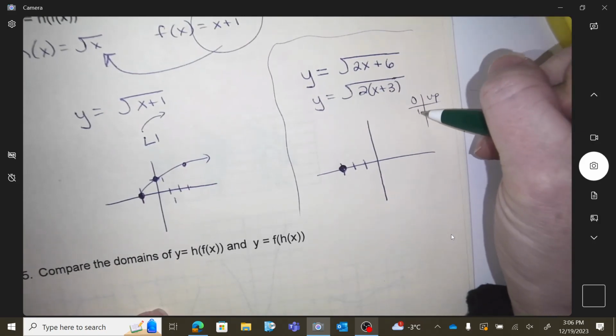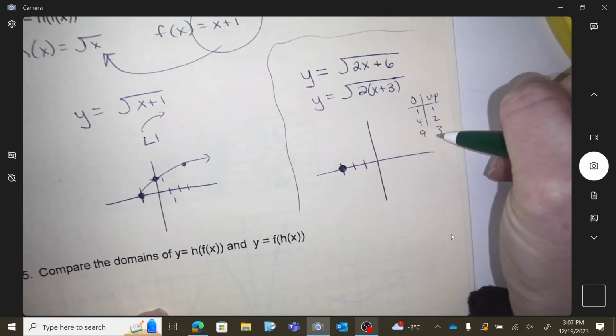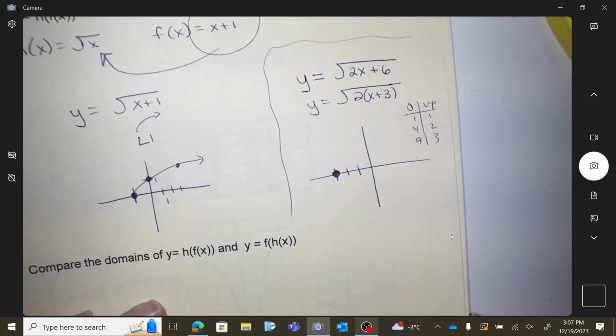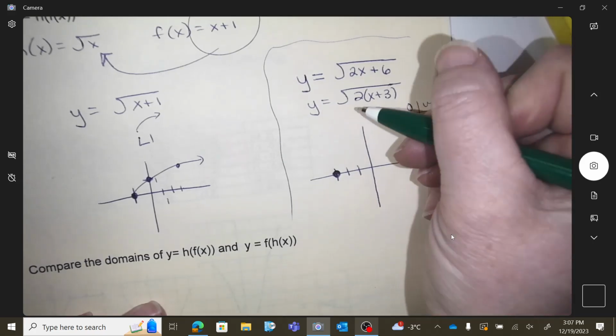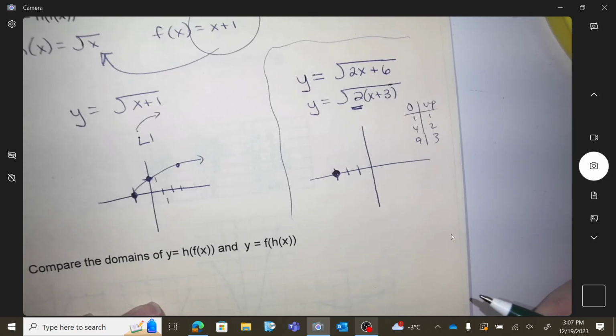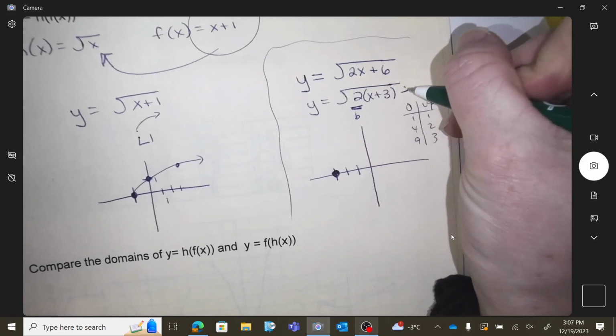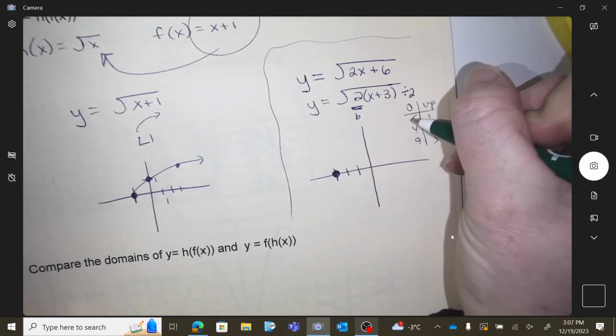Okay, let's talk about over up stuff. We just did this 1, 1, 4, 2, 9, 3. X times 2. Divide by 2. Do you know that letter? A, B, C, D stuff? It's a B. What do you do with a B? Divide your X. So this would be a half.